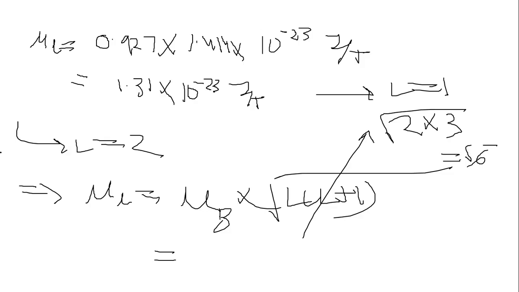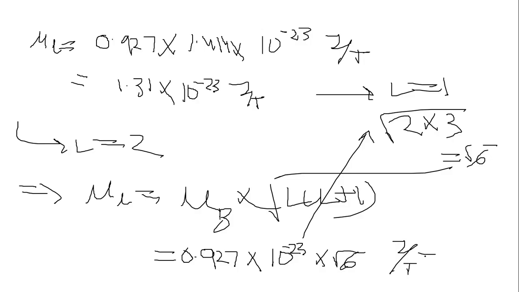So it will be root 6 mu B, that is 0.927 into 10 to the power minus 23 into root 6 joule per Tesla. So what is the value of mu L for l equal to 2? Please calculate and tell me. Anyone?